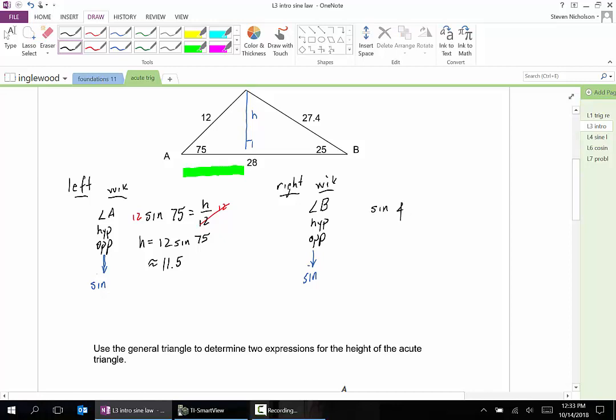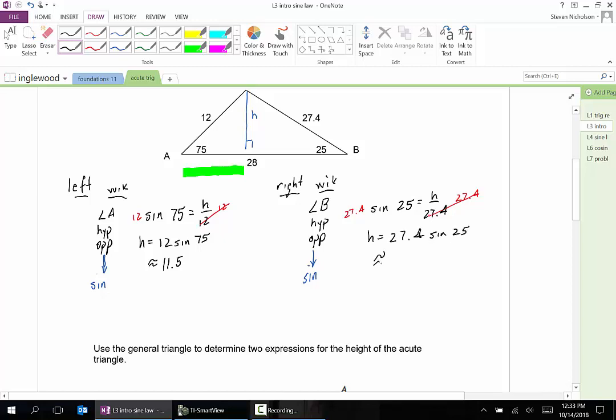And in this side, the sine of 25 equals the side opposite, H, over the hypotenuse of this one, 27.4. And again, we could change that sine 25 to something if we wanted to, but I just want to leave this like this right now. And when we solve this, we get 27.4 sine of 25 degrees.